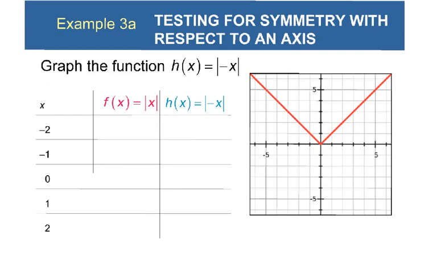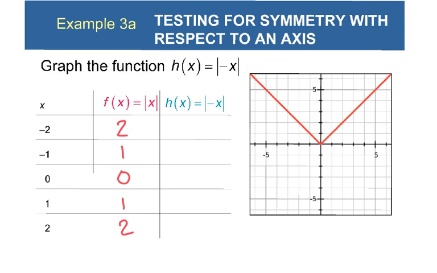So here is testing for symmetry with respect to an axis. Now I'm just going to show you that the basic function, absolute value of x, is this right here, what I graphed, and the f of x values are going to be 2, 1, 0, 1, and 2 if you plug in -2, -1, 0, 1, and 2. And then for the h of x, you're actually going to have the same results.